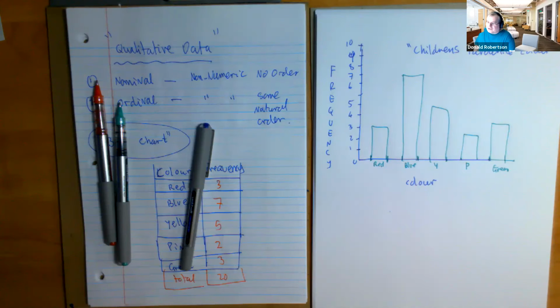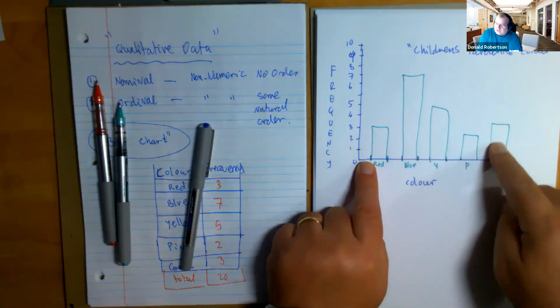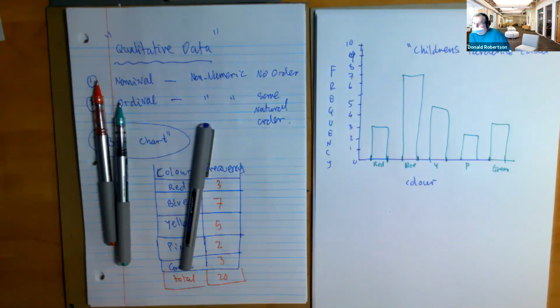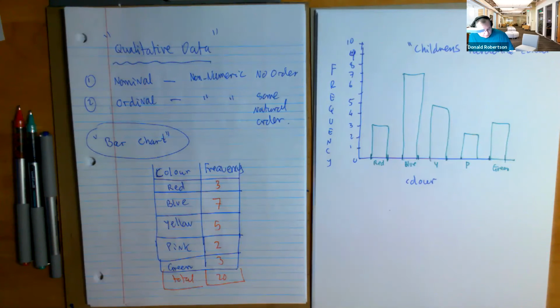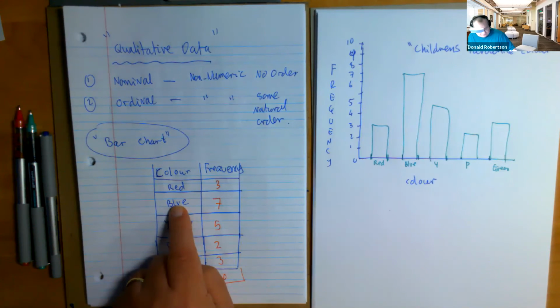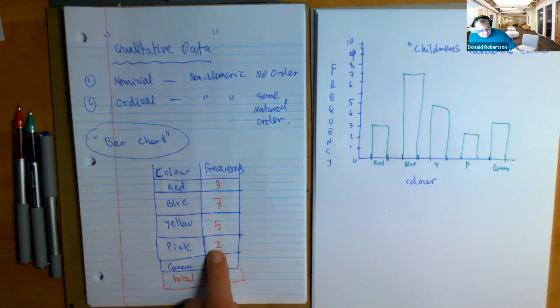They don't make sense, because couldn't I rearrange this data to have it skewed left, skewed right, unimodal? I could do it any order I like and make it look that way. So none of those descriptions should ever be used. There's not that much more you can get out of this chart, except the obvious things like blue is the most, the favourite colour of children, at least in this group, and pink was the least favourite colour.